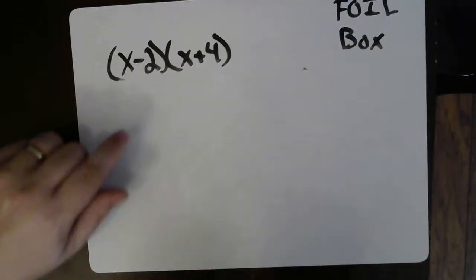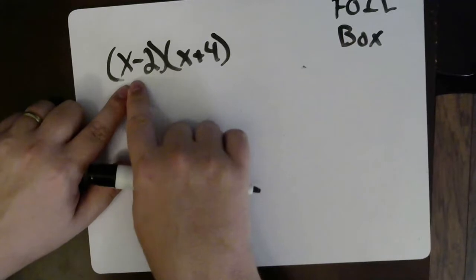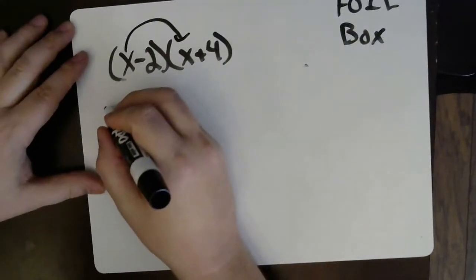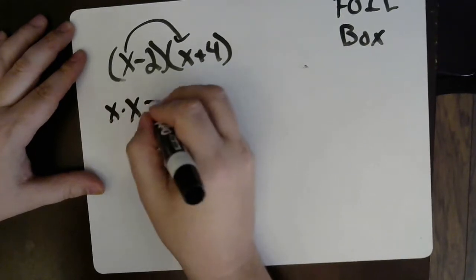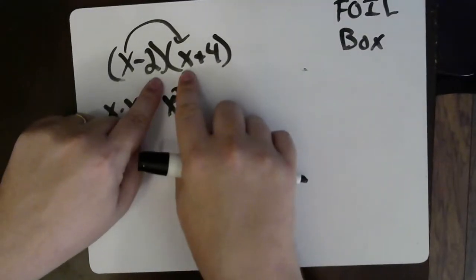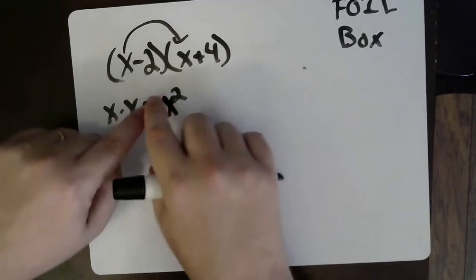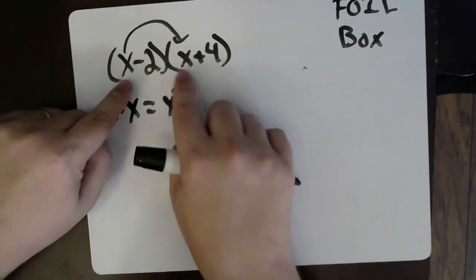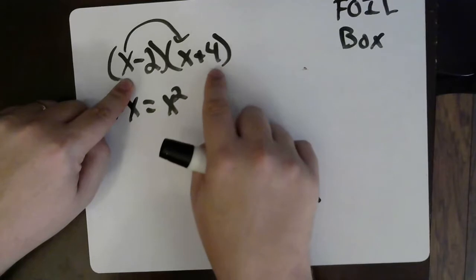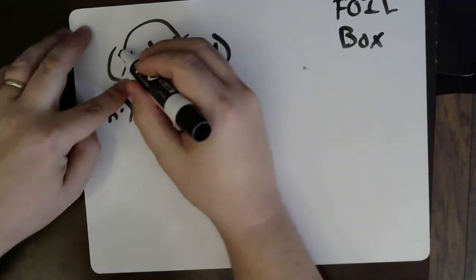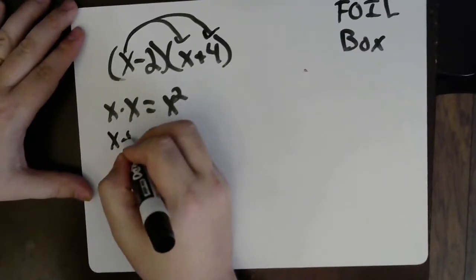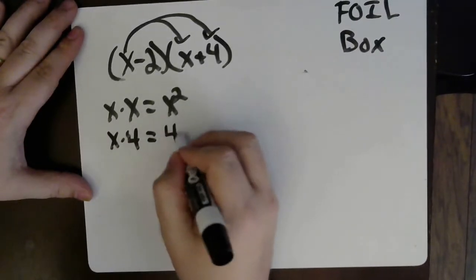Let's try this. Our first ones are x times x, which is equal to x squared. Outside: x times 4, which is equal to 4x.